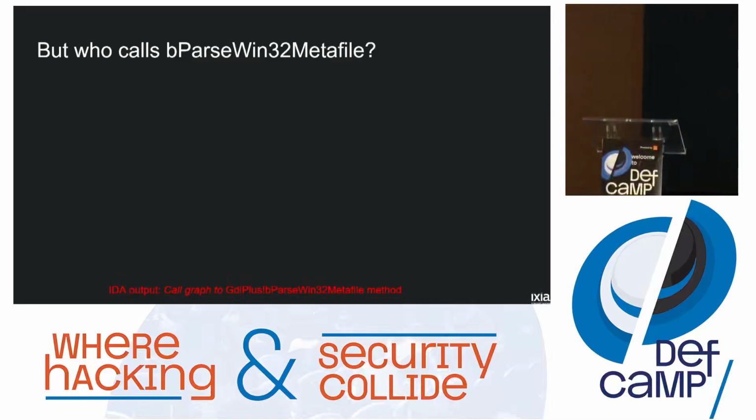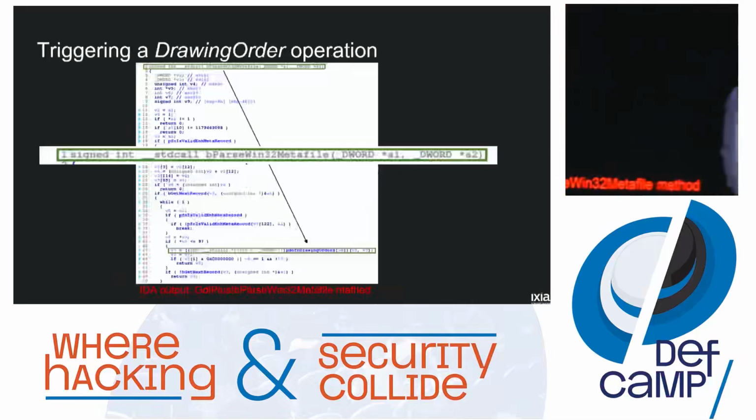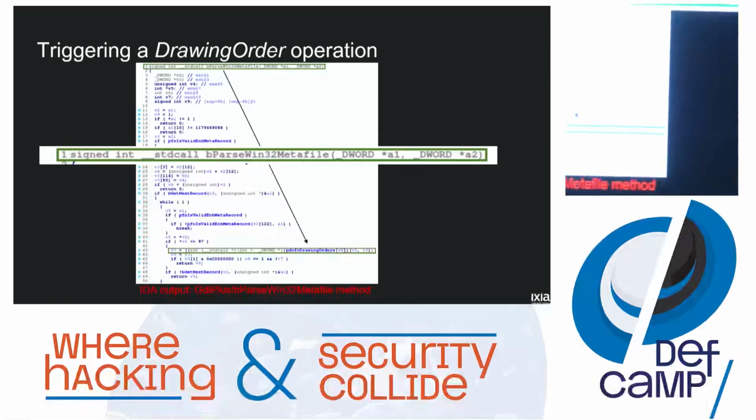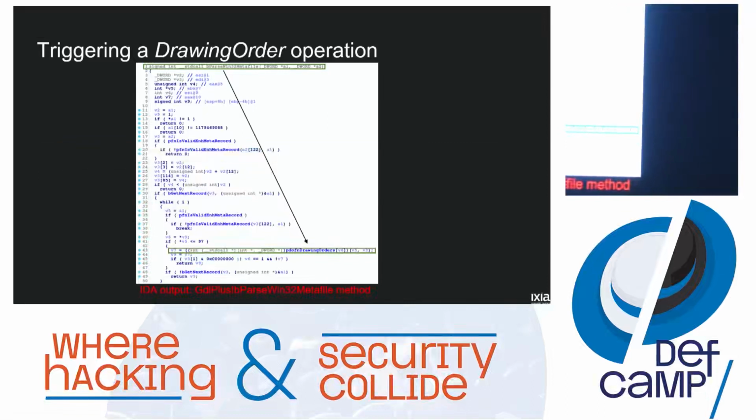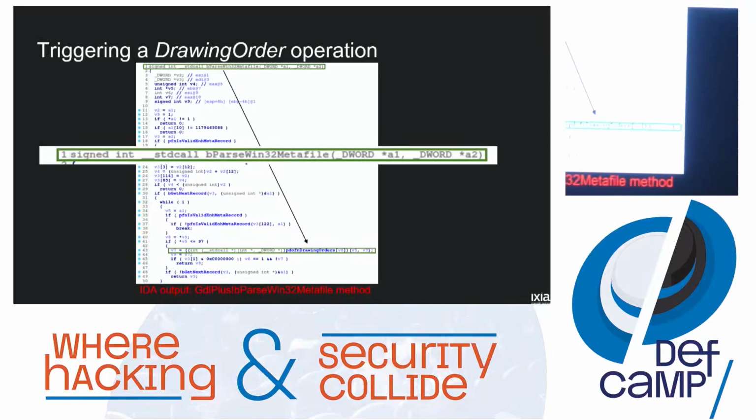Okay, seems to be better. Okay, so this is the method that eventually calls the drawing order array. In this method, bparse win32 meta file, we have a reference to that array that contains the whole drawing operations. So now what we have to do is to find a way to call this method.